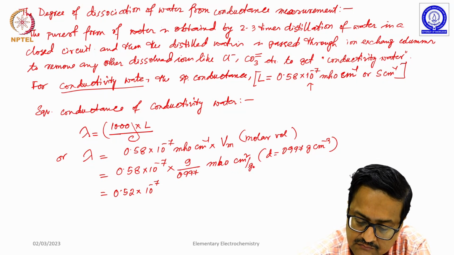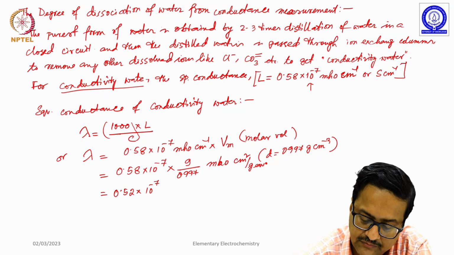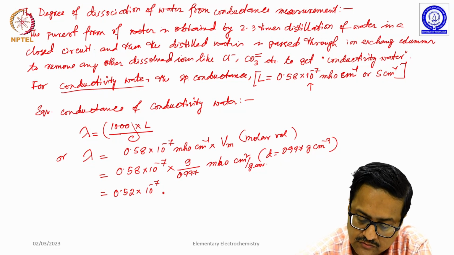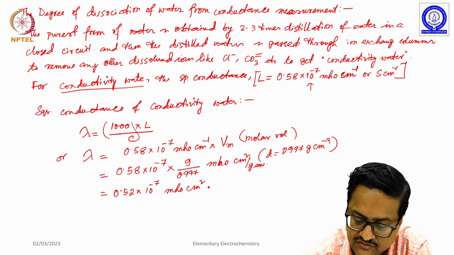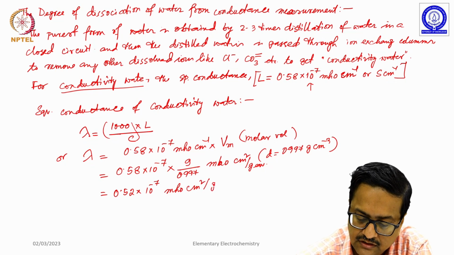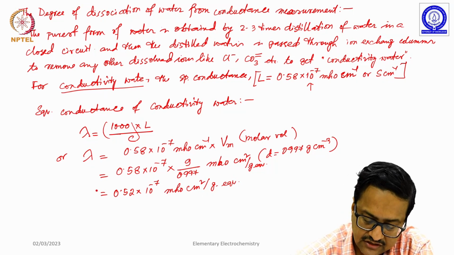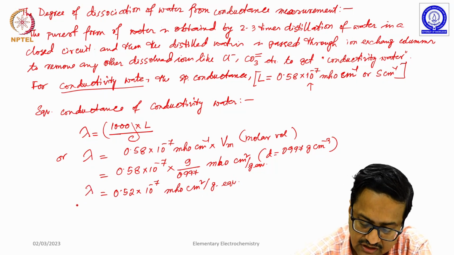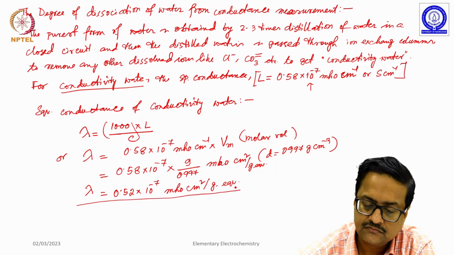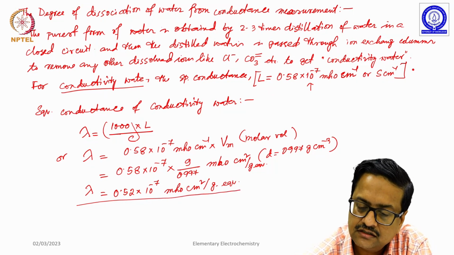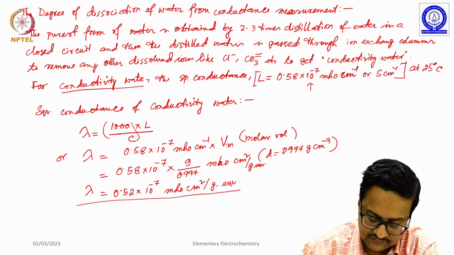per gram equivalent. So, mho centimeter square per gram equivalent. So, this is the equivalent conductance for water, and this value is at 25 degree centigrade as usual.